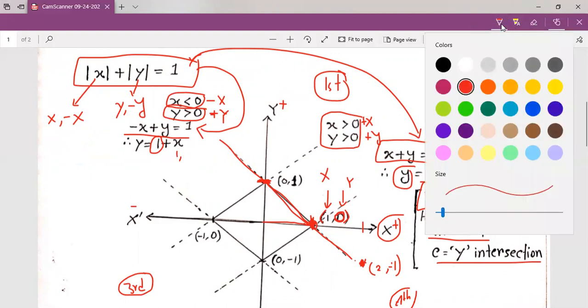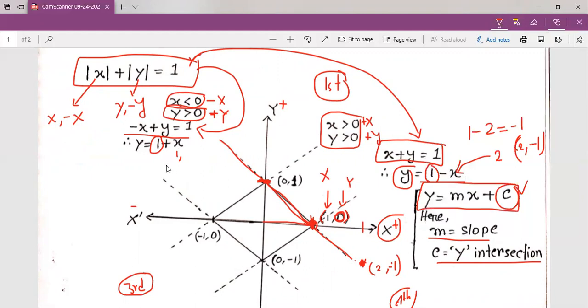If the value of x is equal to 1, the value of y will be 1 plus 1, which is equal to 2. So for x equal to 1, y equal to 2. We get this coordinate pair 1, 2, right? So 1 will be here, and 2 will be here, somewhere around here. Now let's take the value of x equal to minus 1.